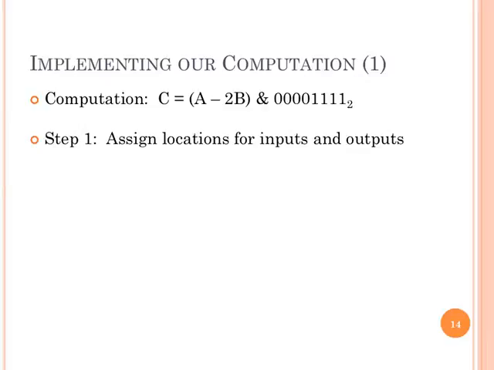Okay, so the first thing we have to do is figure out where are our inputs going to be available for our program, and where should the output be made available so that whatever is turning the crank on the computer, they'll know where the answer is going to pop out. So we have these inputs, A and B. What other inputs might we have?